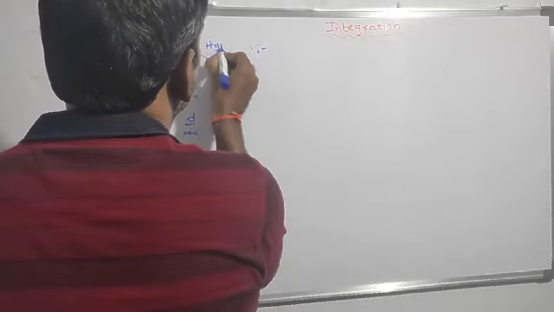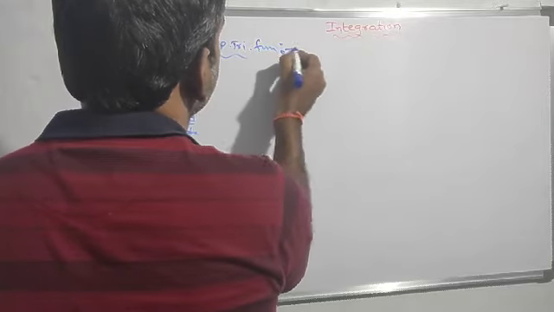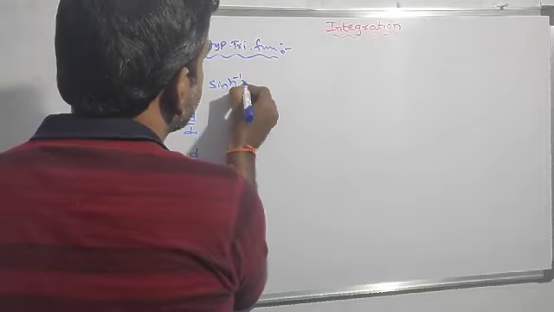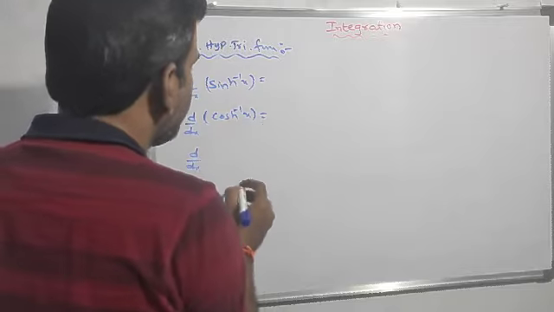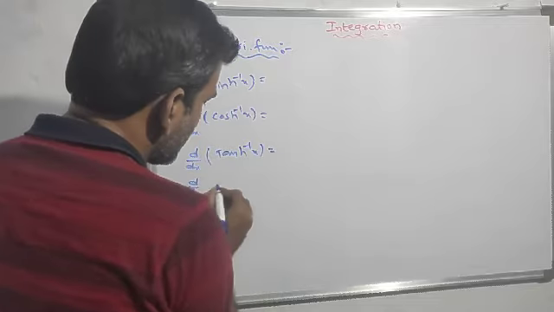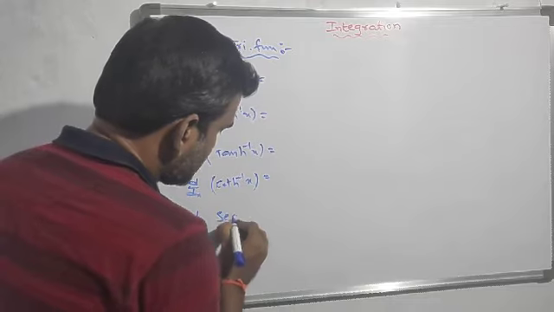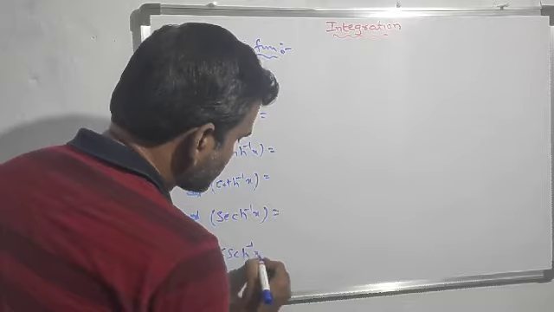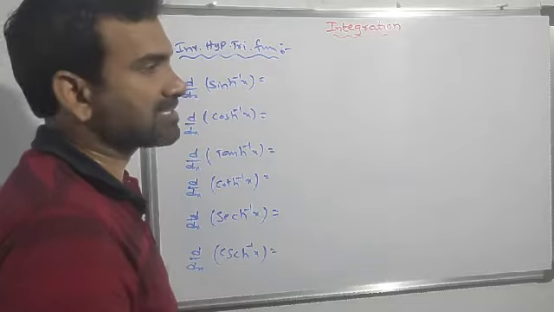For that, d by dx of sin h inverse x, cos h inverse x, already we have the idea in differentiation, tan h inverse x, cot h inverse x, secant h inverse x, cosecant h inverse x. If we have a good idea on this, we can easily write the integration formulas also.